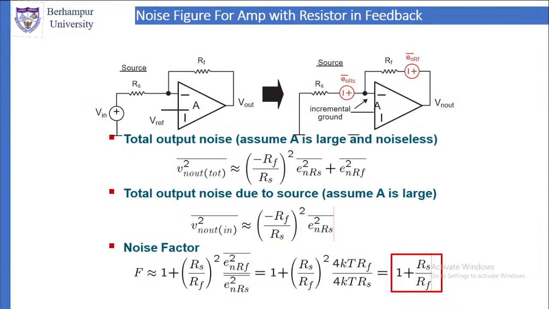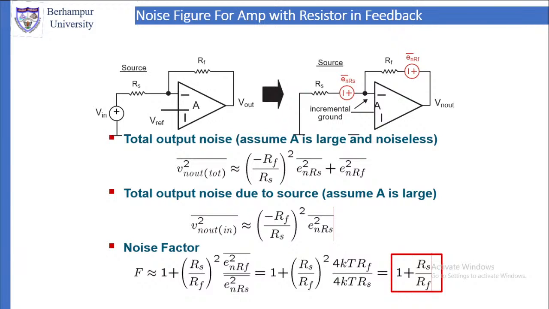Noise figure for the amplifier with a feedback resistor. If you look at the amplifier here on the left hand side, there is a feedback resistor RF. So in that case, what will be the noise figure? Its equivalent circuit considering the noise is: you add a noise source for the RS, and add a noise source for the RF. That much you have to do.